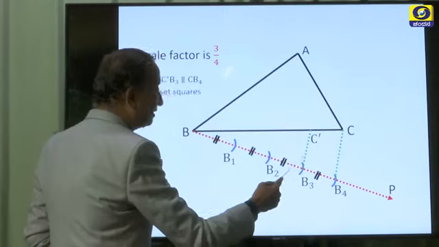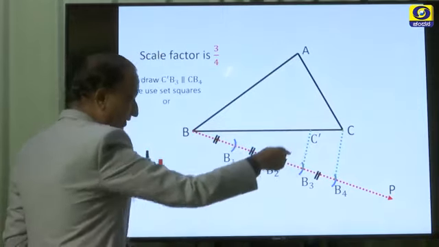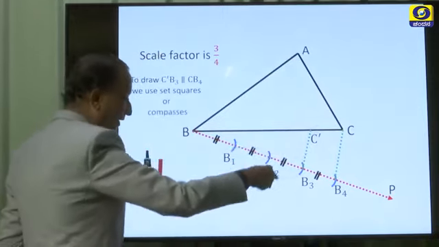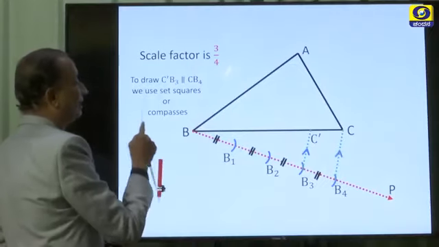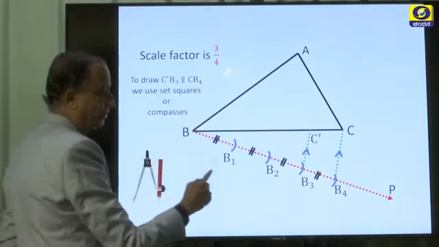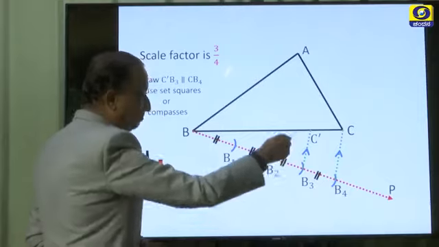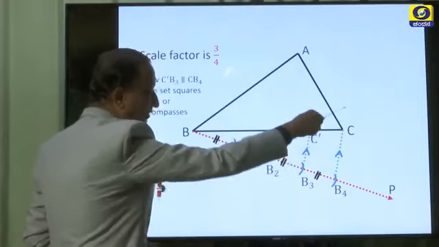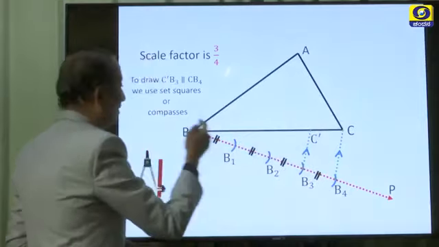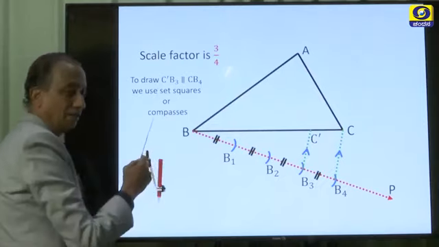So, draw C dash B3 parallel to CB4 like this. Either you use a set square or compasses.